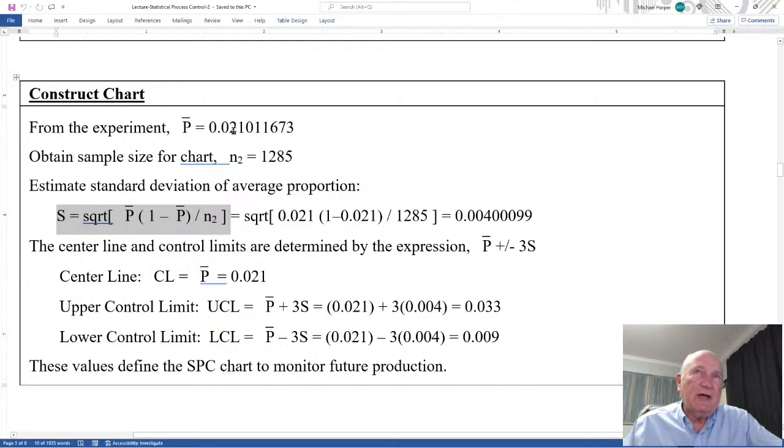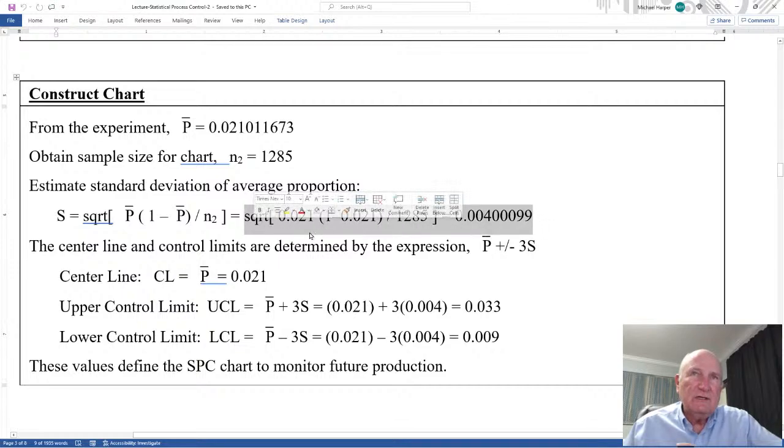So we plug and crank, and notice I'm rounding p bar to 0.021 in p bar times 1 minus p bar divided by 1285. Do the arithmetic, and notice I have 0.00400099. Even though I represented the p bar with only 3 decimal places here, when you do the calculation, never use a rounded number in a calculation.